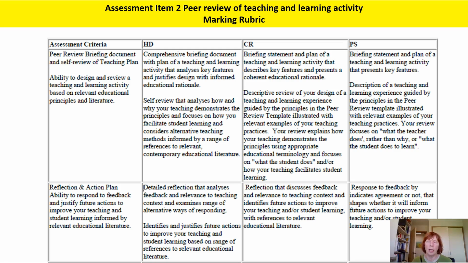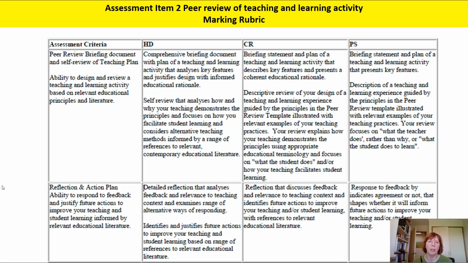So looking at the PASS level, in terms of how you write up your teaching plan, what I'm looking for is just that you present the key features of what you're doing in the teaching and learning activity, and so essentially that would be an outline.